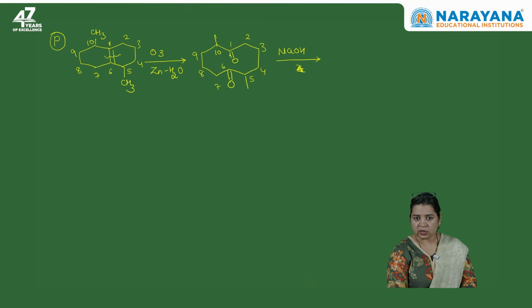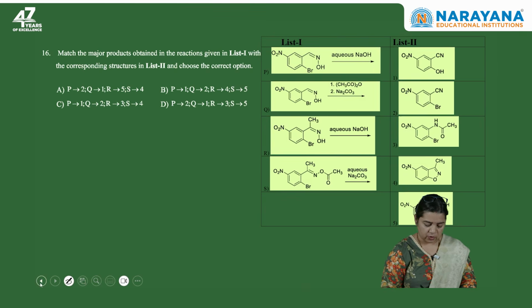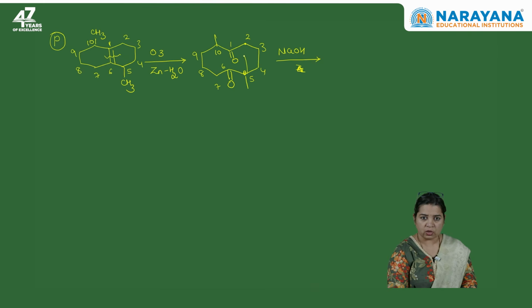Now, overall, it is a symmetrical structure. Each carbonyl has one substituted and one non-substituted site. For the more stable enolate, the substituted one will be the more stable. I will attack from this position to here. So 1, 2, 3, 4, 5, and the rest is a 6-member.